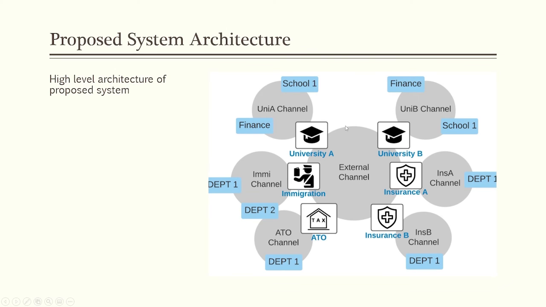In this case, University A will have its own channel, which has the school and the finance department inside. This channel is only viewable and managed by University A. University B or the immigration department doesn't have access whatsoever to this channel.